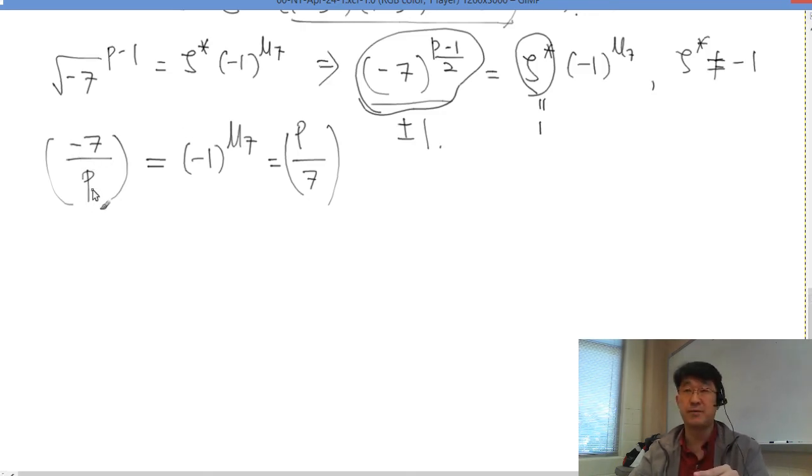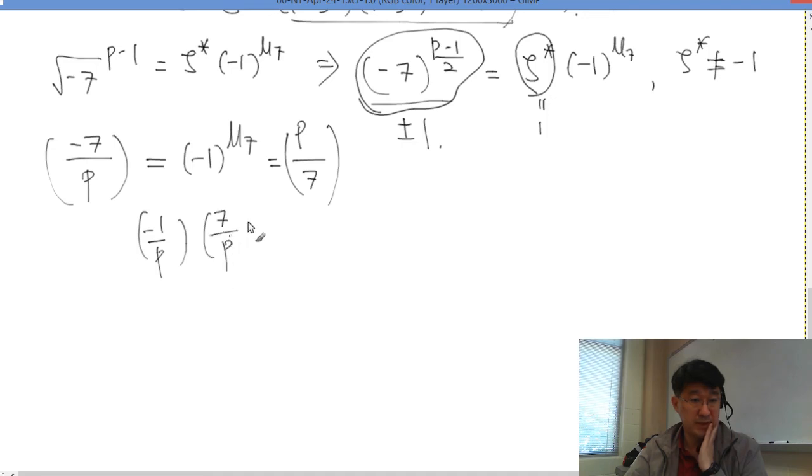If p is 1 mod 4, then it is the opposite. Let's see, is that correct? Yeah, I think it still works. Yes. There's -1 there, -1 to the p, and 7 p is p over 7.